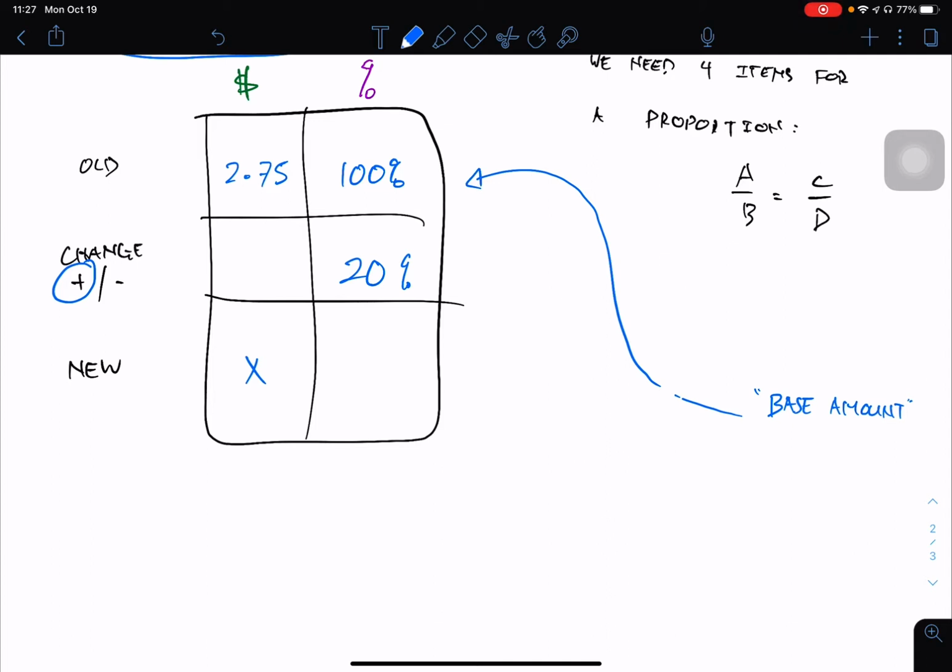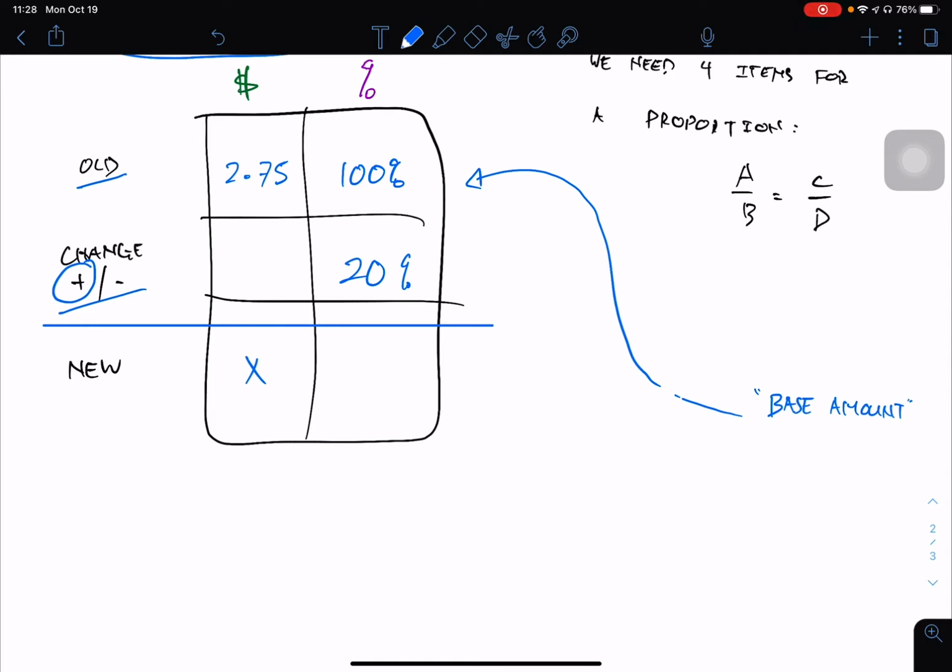Well, the first and the second row, the old and the change, those combine. How do they combine? Well, they combine by adding. That's why we circled that plus sign. So you can think of this as a huge addition sign where the first two rows can add up to the third row or any combination of that, right?